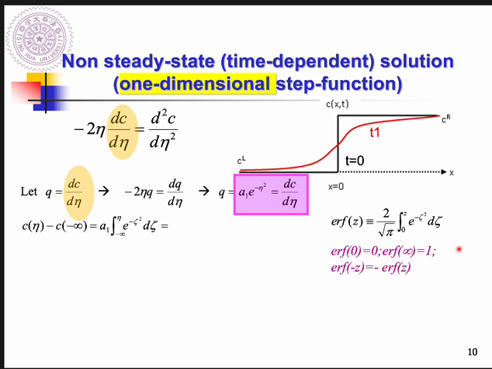Based on this, in order to answer this, I separate the integral into two terms: negative infinity to 0, plus 0 to iota.